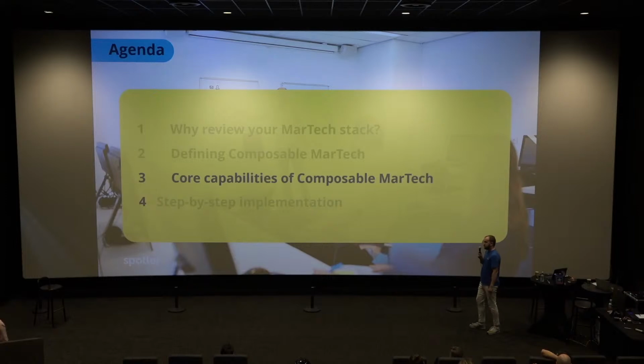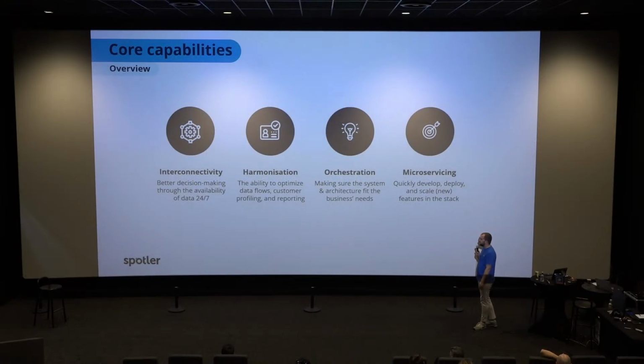And then there are a few capabilities of that as well, which I want to highlight. 4 of them being interconnectivity, so having data readily available for you 24/7, because all the data touch points, from one system to the other, are in sync through the API-first approach. Harmonization, the ability to make better choices with that data by unifying it in one central source of truth, which ultimately makes your reporting better and customer profiling easier.